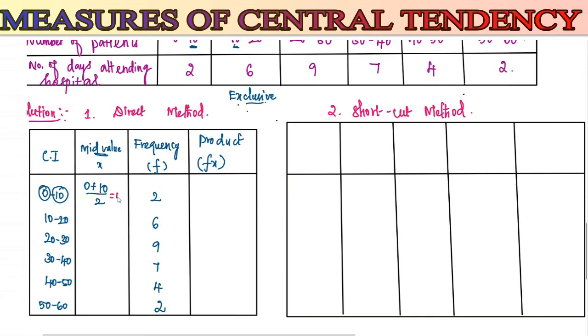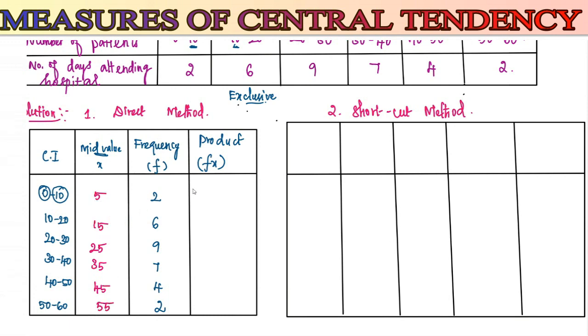Next, 10 plus 20 is 30. 30 divided by 2 is 15. The next one is 25: 20 plus 30 is 50, 50 divided by 2 is 25. 30 plus 40 is 70, 70 divided by 2 is 35. Similarly you will get 45 and 55.